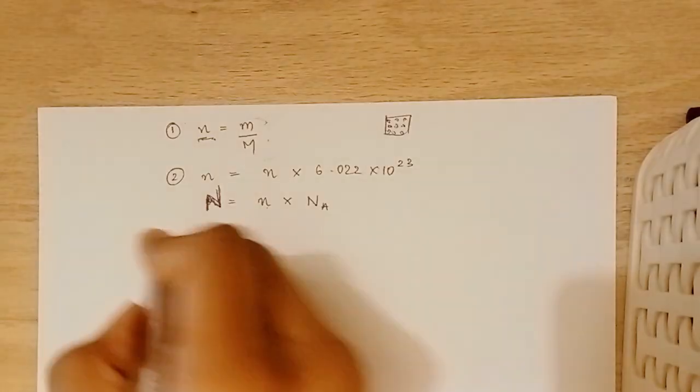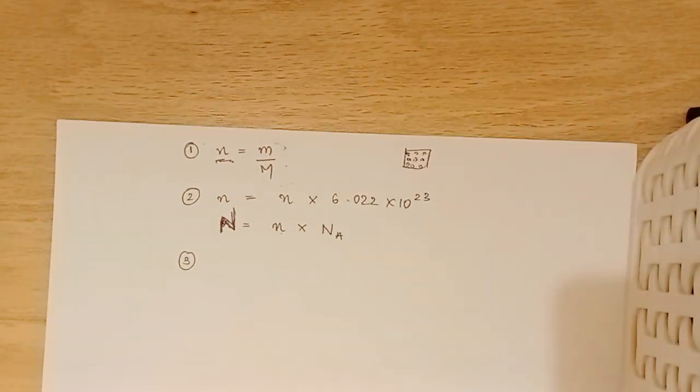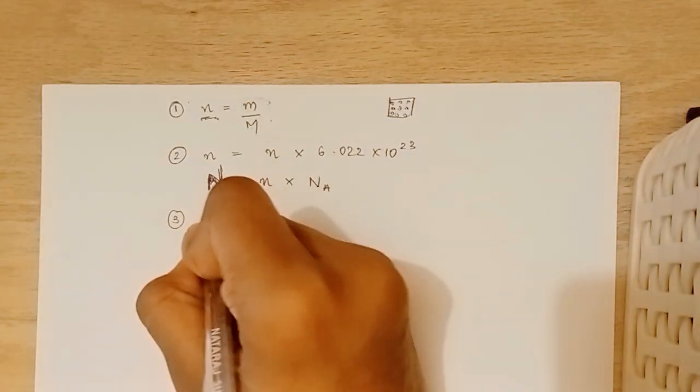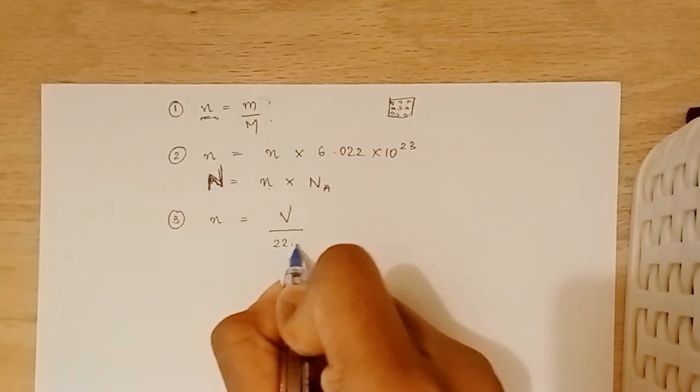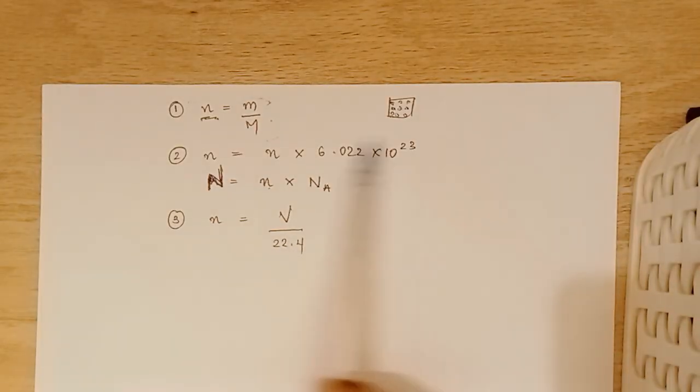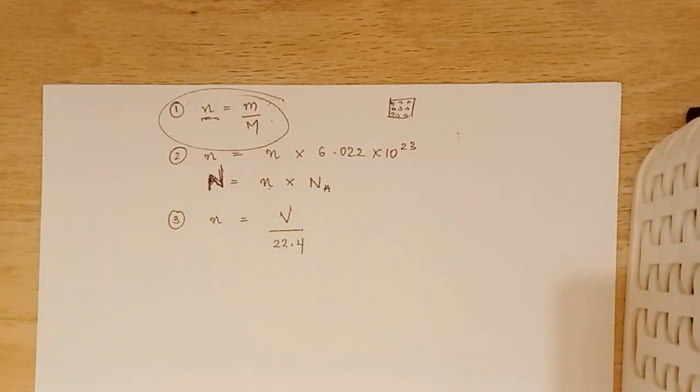This is another formula. Now if they give the volume, then the number of moles is equal to the given volume divided by 22.4. These are again important equations, but the most important one is the first.